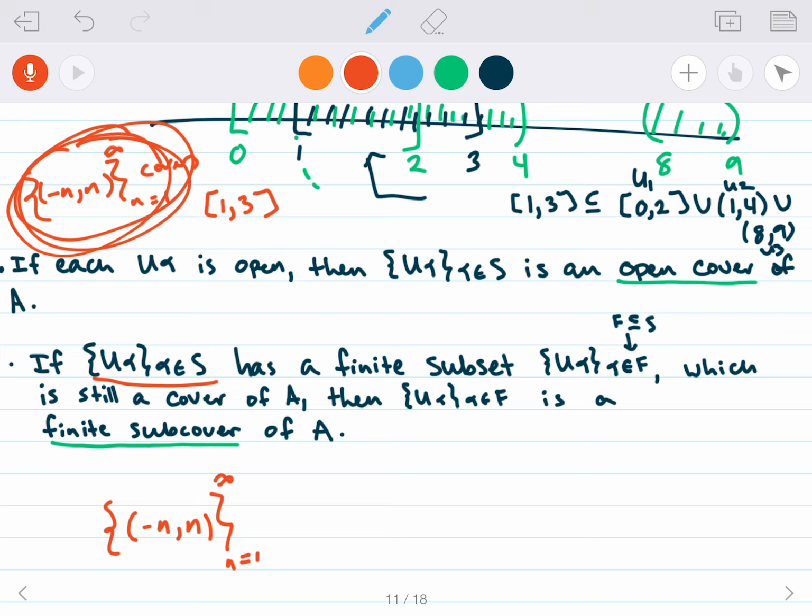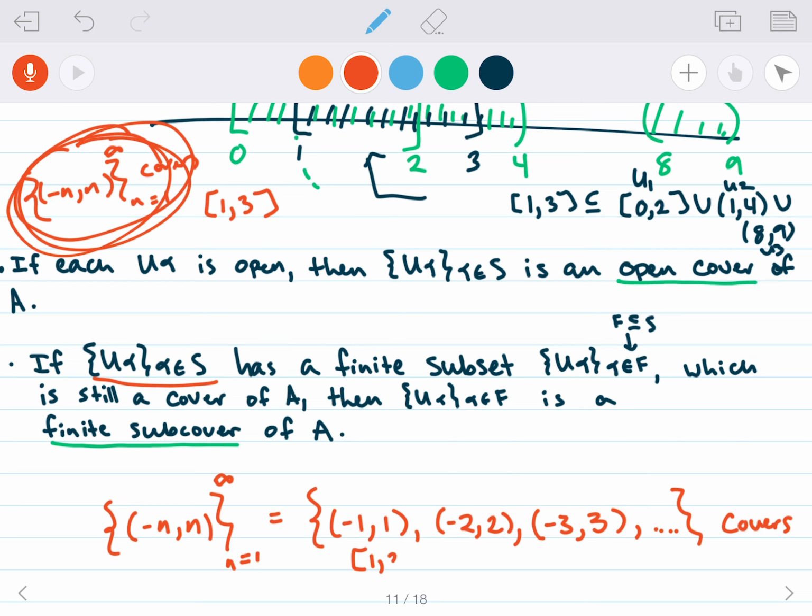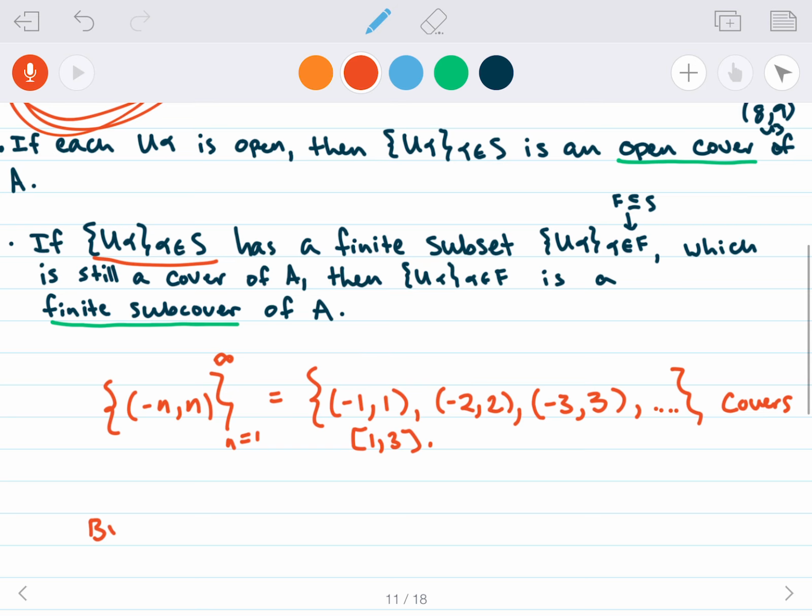So this is going to be the set negative 1 to 1, negative 2 to 2, and so forth. This goes on forever. The claim is that this covers 1, 3, but I can find a finite subcover. I can pick out a finite set from this infinite set that still covers it. That's a finite subcover.